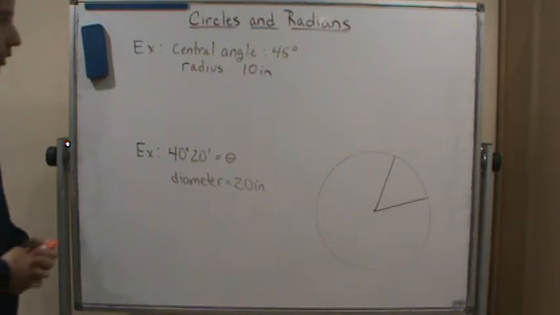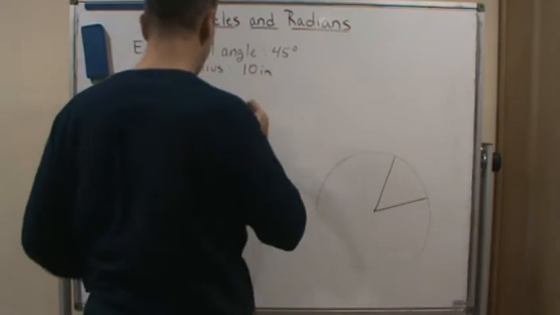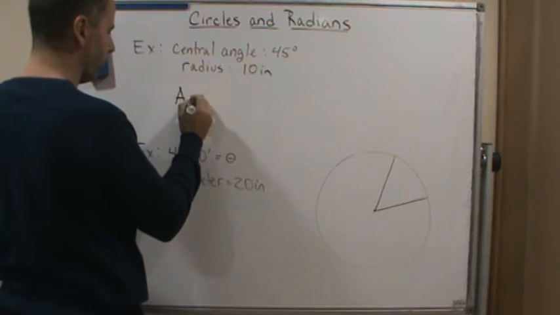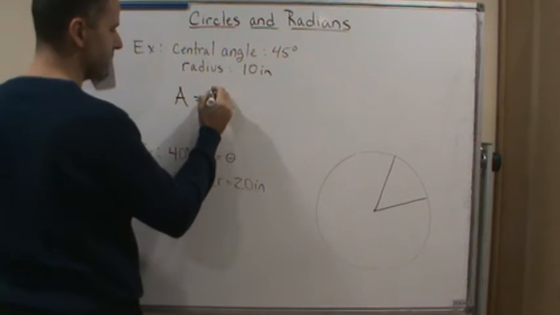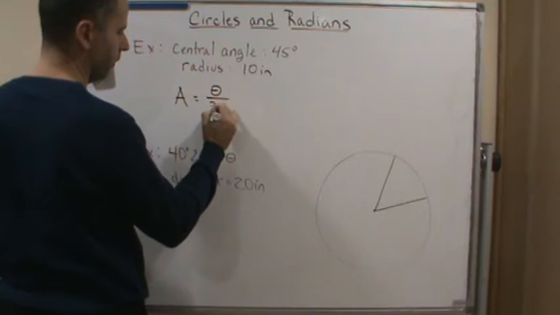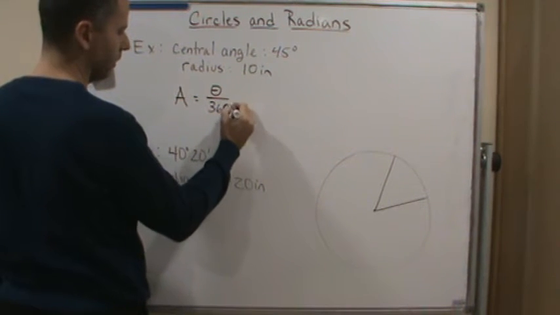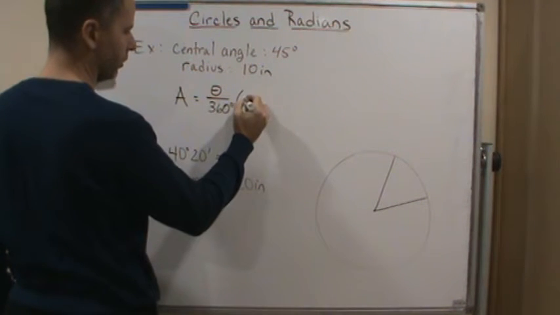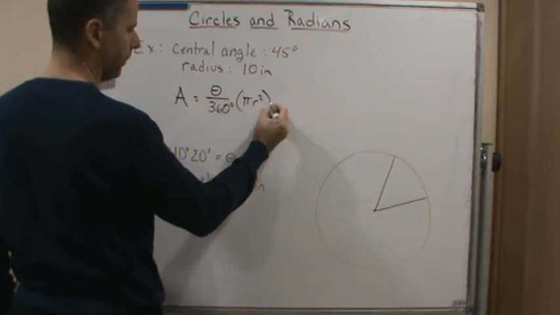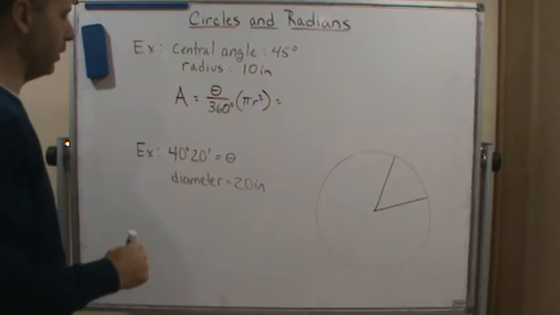To do that, we just use the formula for the area of a sector of a circle given degrees. In this case, it's theta over 360 degrees times the area of a circle, which is pi r squared. We just put in the values that we know.